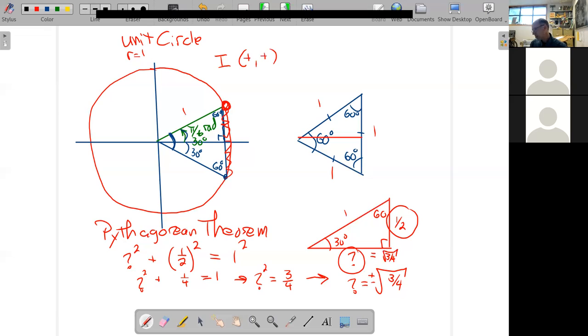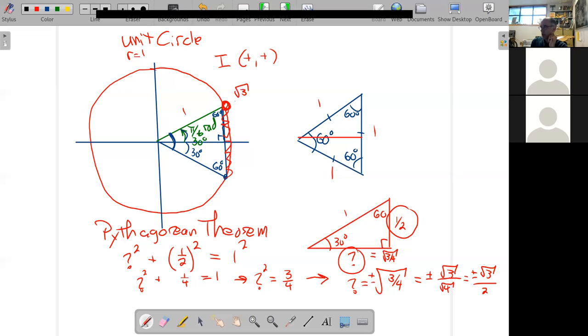Now, I'm looking at the 4 inside the square root and thinking, wait, I know the square root of 4. So I can take this a step farther. This is the square root of 3 over the square root of 4. Square root of 4 is 2. So that means plus or minus the square root of 3 over 2. The 2 is not in the square root now. So the coordinates of this point right here would then be, since I'm in the first quadrant, a positive x value.